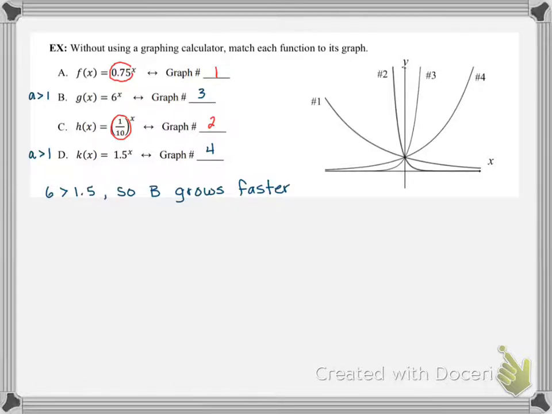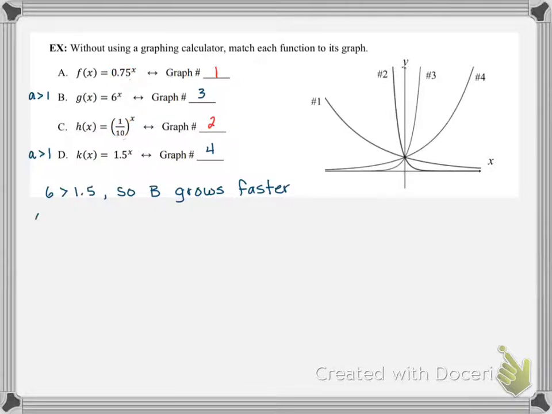Which one gives you less faster? C. Yeah, right? If I only have 1/10 left and then 1/10 of that and 1/10 of that, that's getting smaller way faster than if I have 75% left and then 75% of that and 75% of that. If you have more left, you're bigger. So we're getting smaller faster if we're multiplying by a smaller number repeatedly.